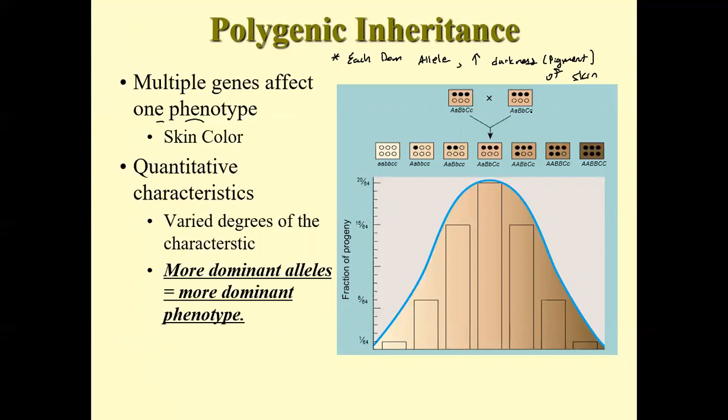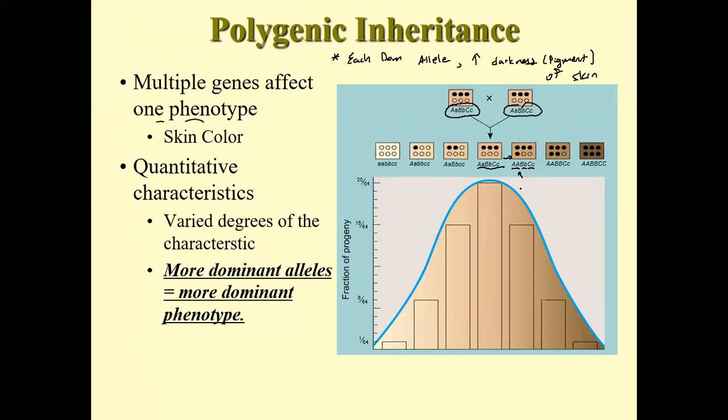Okay, so basically what I mean by this, if you look here, if these two individuals cross, this is showing you a distribution. If you look at this individual, big A, big B, little b, big C, little c, I have three dominant alleles. Now, if I compare that to a person that was big A, big B, little b, big C, big C, they have one more dominant gene.